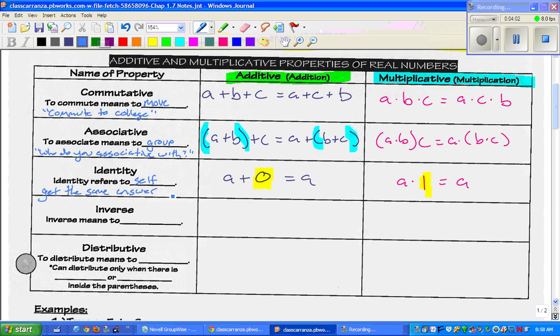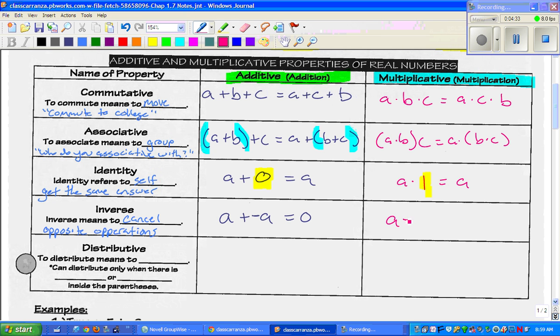Now, the inverse means to cancel. And a lot of that is opposite operation. So, with addition, what would I have to add to get to 0? Well, I would add the opposite, the exact opposite number.